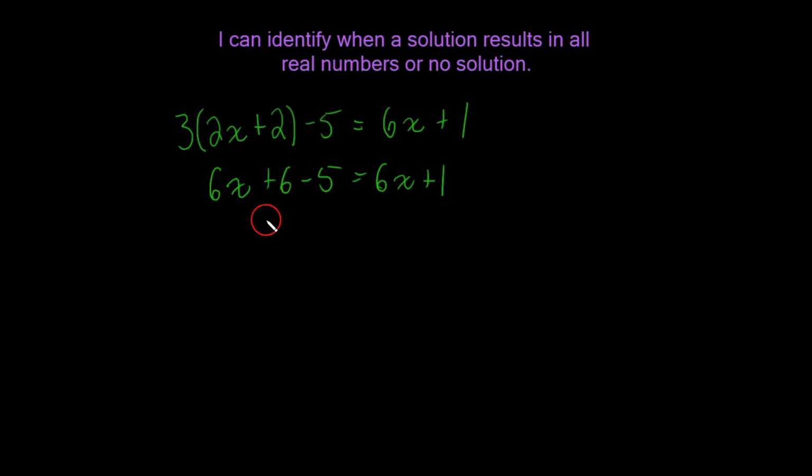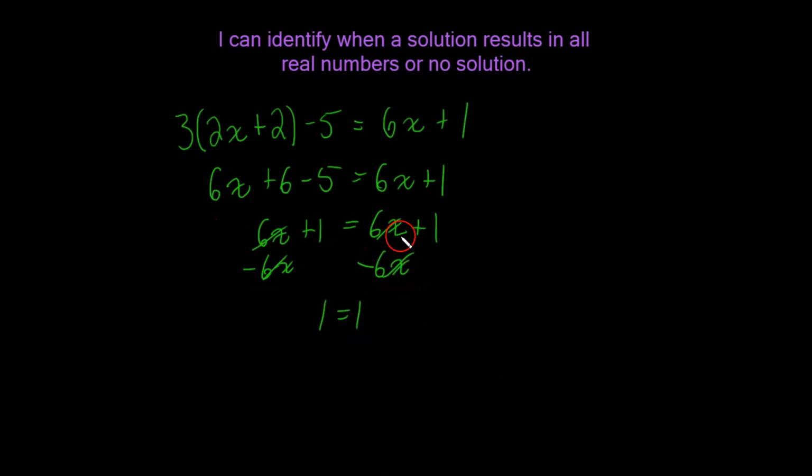We have two constants, so we get 6x plus 1 equals 6x plus 1. We could stop right here. We see 6x plus 1 does equal 6x plus 1. We'll go one step further just to show it. Let's subtract the 6x's from both sides, and we get 1 equals 1, which is a true statement.